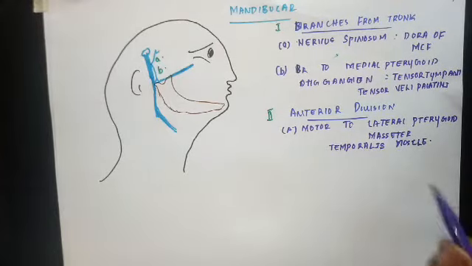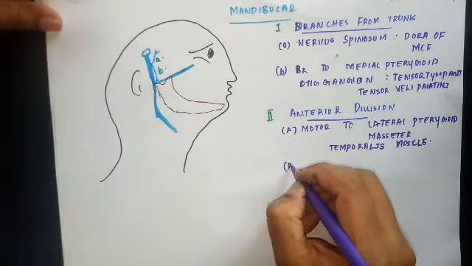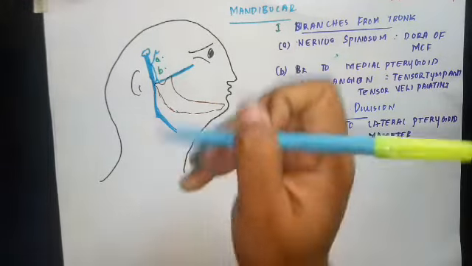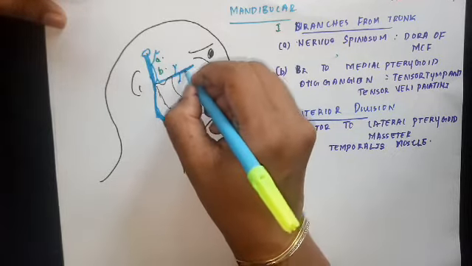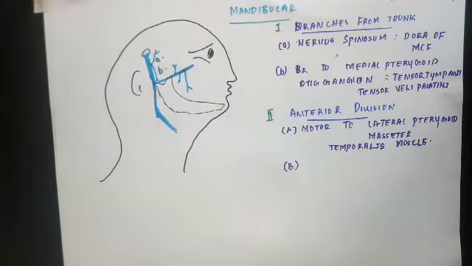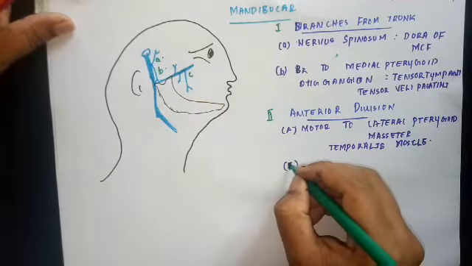These are the motor fibers. And this anterior division has a single sensory branch, which is labeled as C.